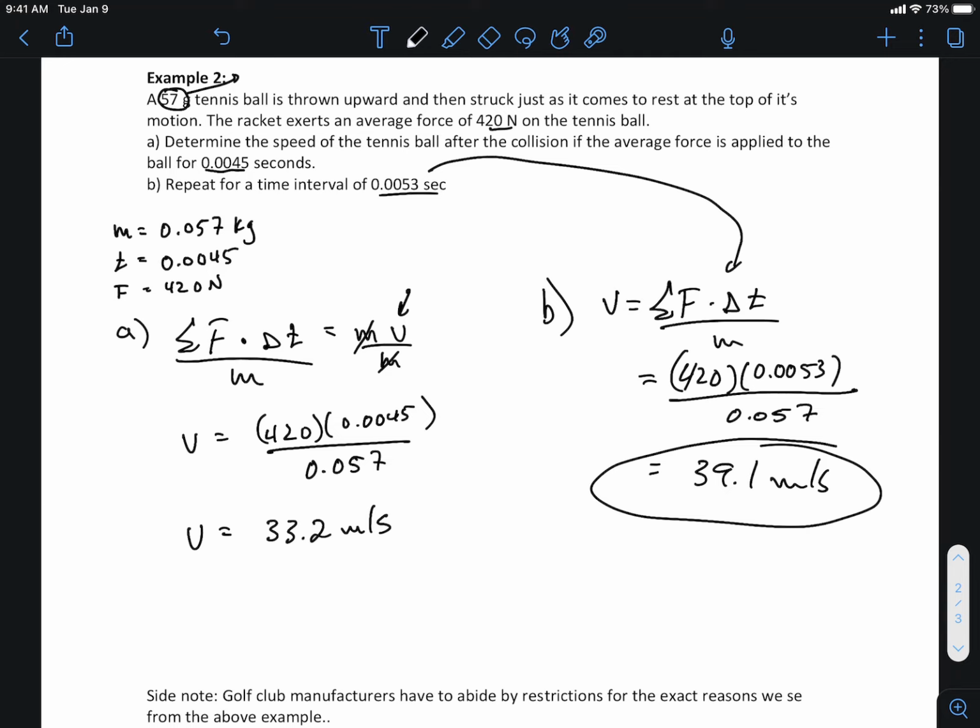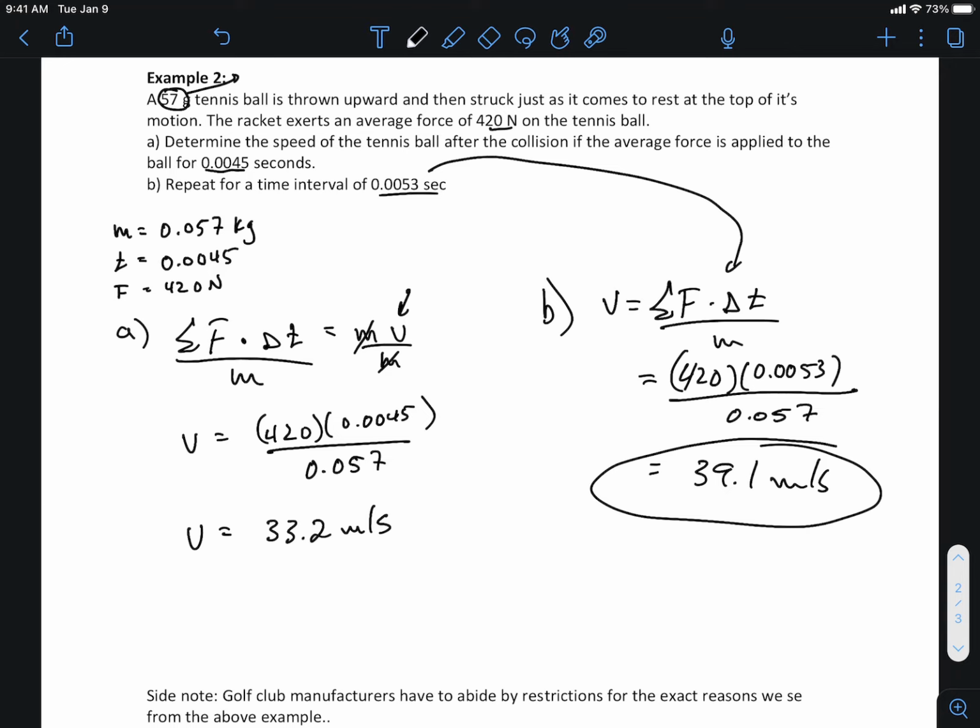Well, you see this a lot in golf, right? There are rules, and I'm sure the same thing in tennis. There are rules limiting golf manufacturers of, let's say, drivers or any kind of golf club, for the amount of time that a golf ball can spend on the face during impact.